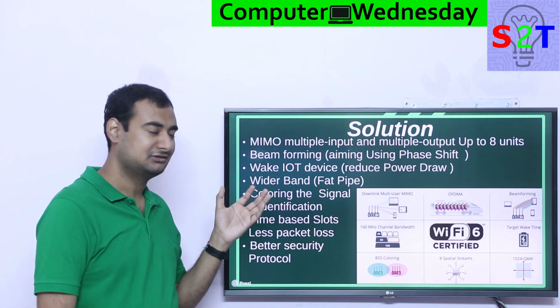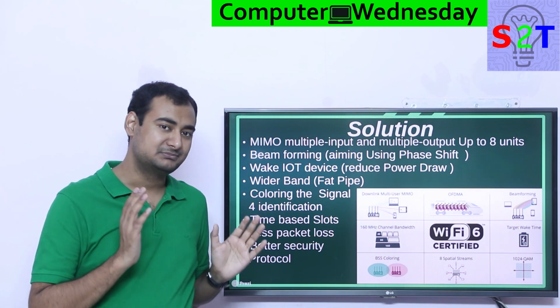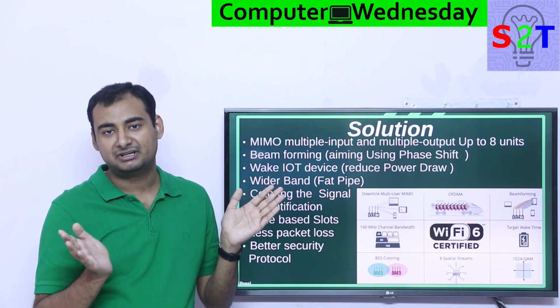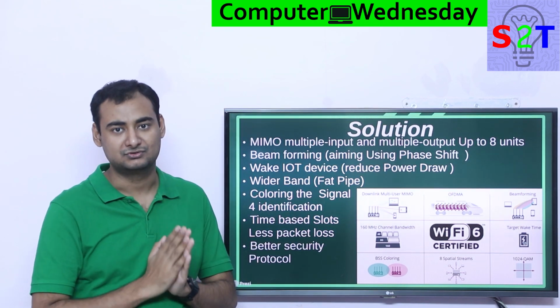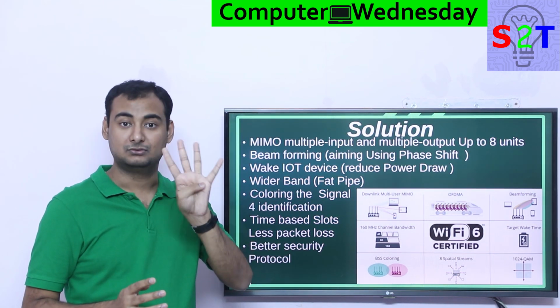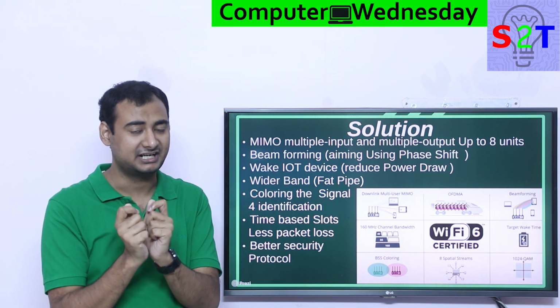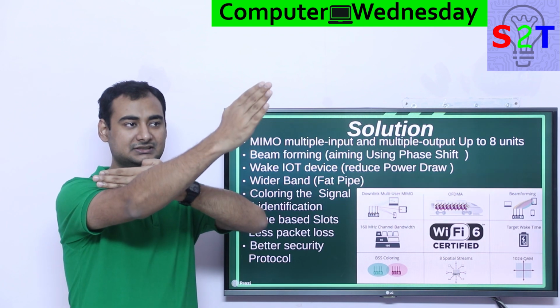Then it has a magical technology known as beamforming, basically aiming using phase shift. What does that mean? That simply means we are using technology which was used in ICBM defense systems, military radar, and 5G. We are using that technology in our own home. So what you have is 4 antennas. Now 4 antennas are sending radio, but if you time them right, you can literally have an antenna that is like this, but the signal can go like this, or like this.